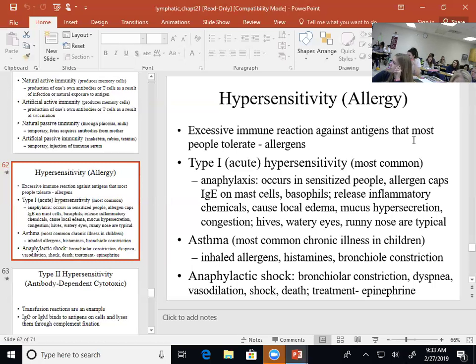So there is no such thing as mild asthma. Asthma is a serious disease. Every single asthmatic event is a life-threatening event.